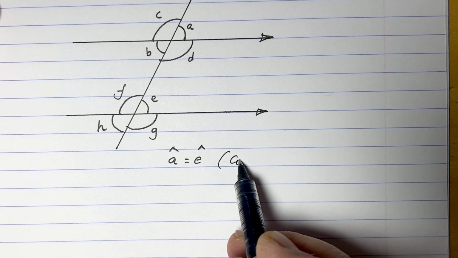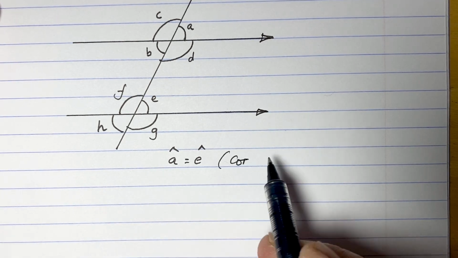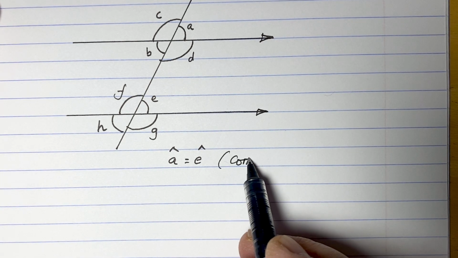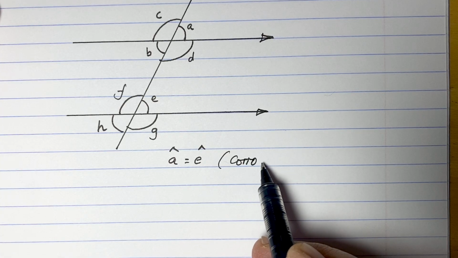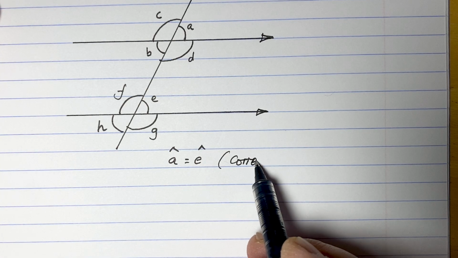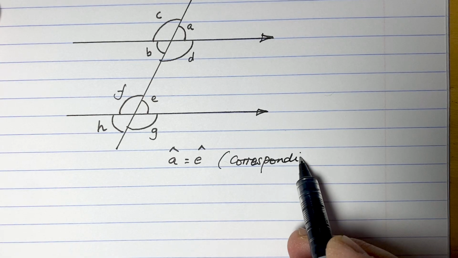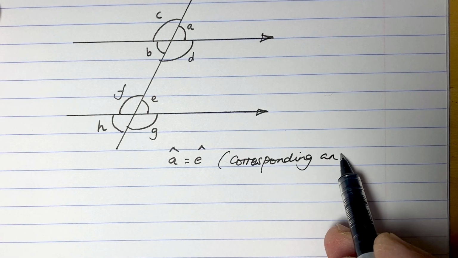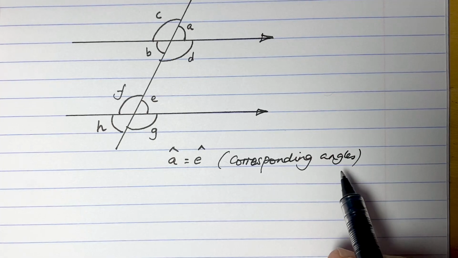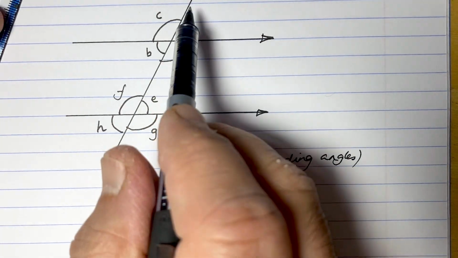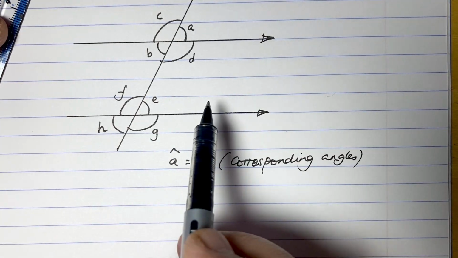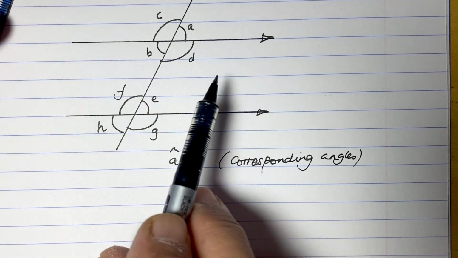The answer is they're the same because they're corresponding angles. So these are called the F angles in primary and called corresponding.